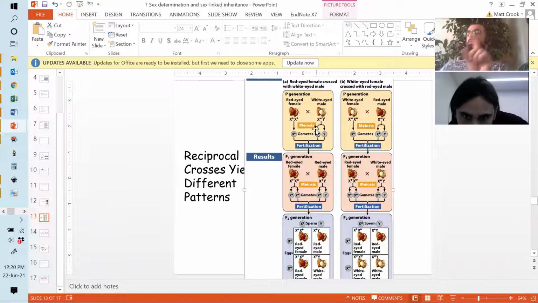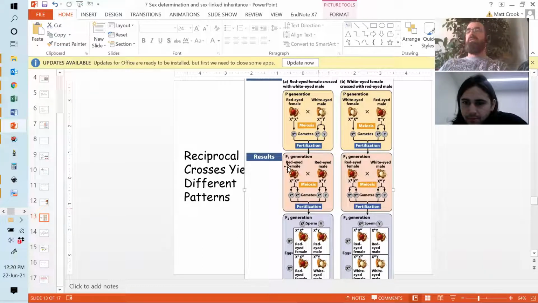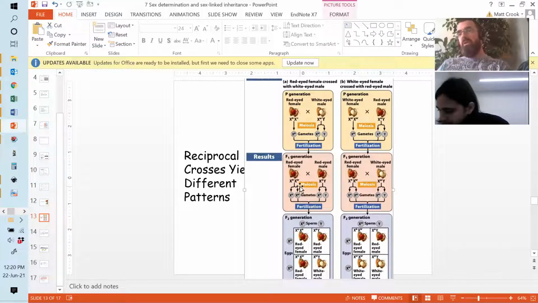That only contributes one kind of mutant chromosome to the next generation, and you'll see that here in this heterozygous female. Because from the female side you'll have a normal X chromosome and you'll get the Y, so you'll have a red-eyed male.